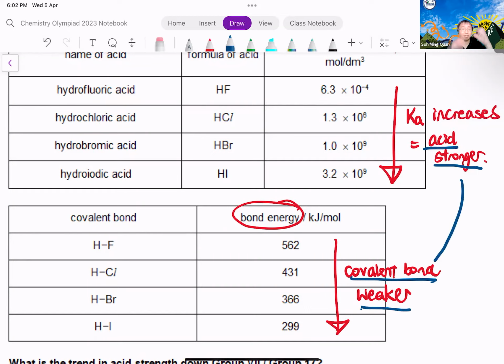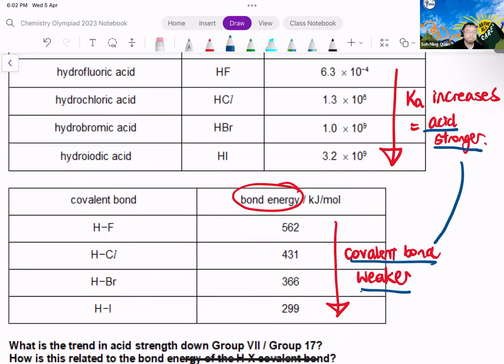These are linked, and this makes sense because we said that for an acid to be strong, it must dissociate completely. To dissociate means to break the bond. So if the bond is weaker, it requires less energy to be broken. As a result, the extent of dissociation is greater and the acid is stronger.